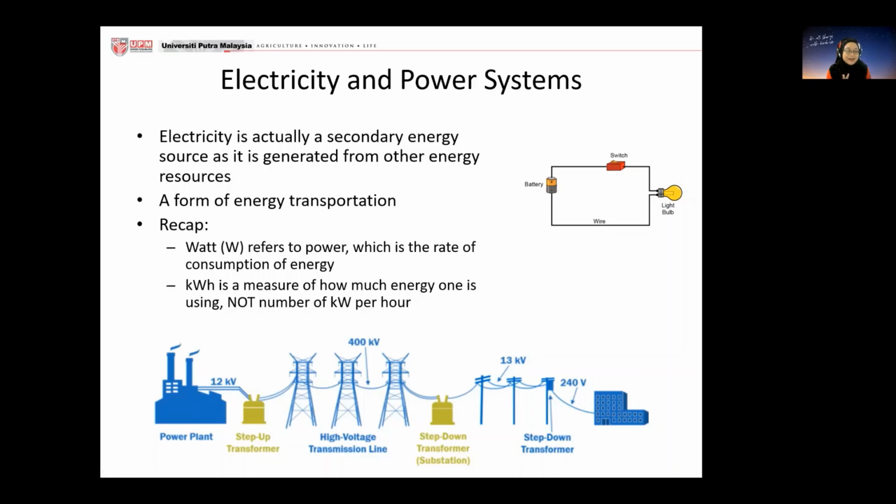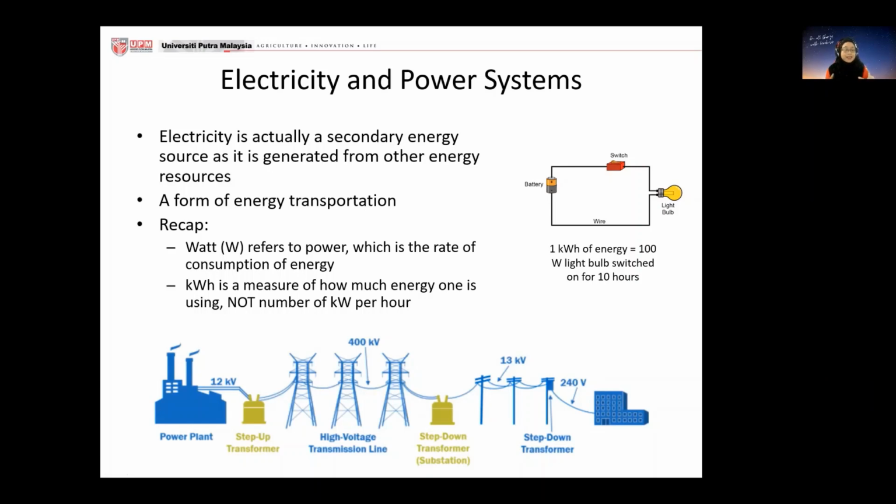I just want to highlight that because if you look at this one, for example, it's a very basic example. If you have your light bulb rated at 100 watt, if you want to use 1 kilowatt hour of energy, it means you have to turn the light on for 10 hours, because it's rated at 100 watt.